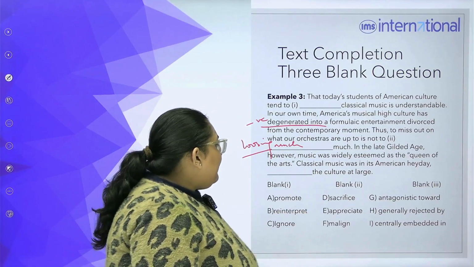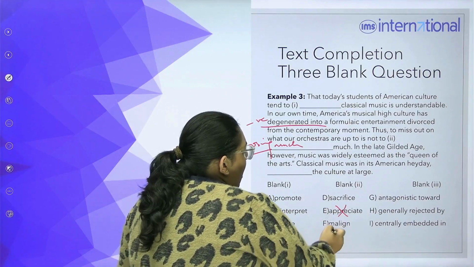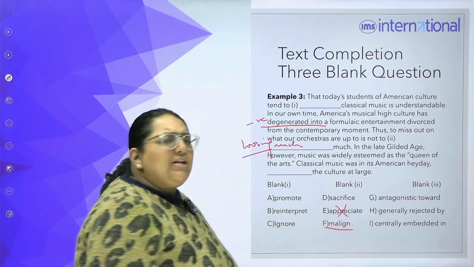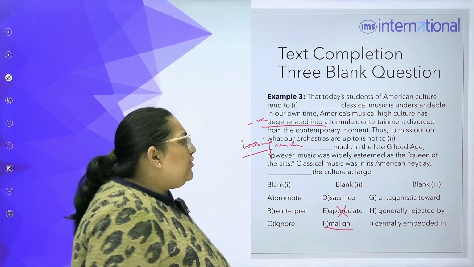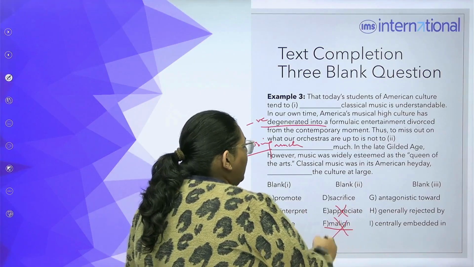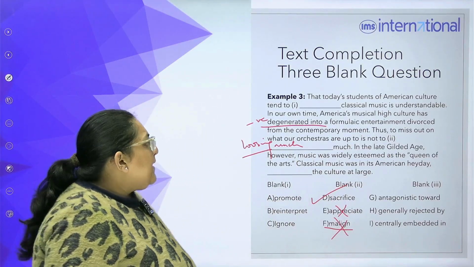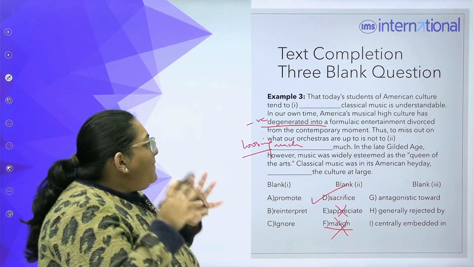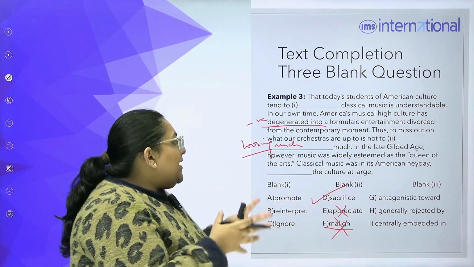What are the options that we have? We are not appreciating. No, we need something negative. Malign, I don't think so. Malign is to have evil intentions, but I don't think we are having evil intentions here. Losing, or another word for losing is sacrificing. So if we are missing out on what our orchestras are up to, we are not sacrificing much.